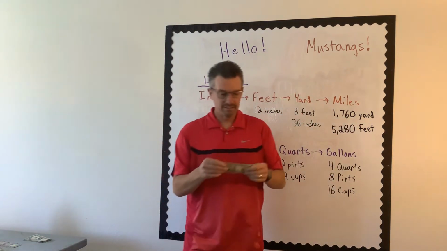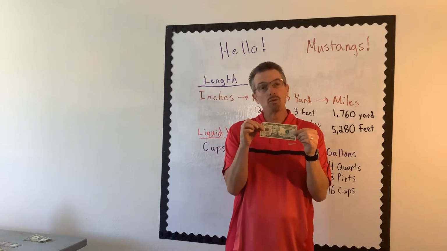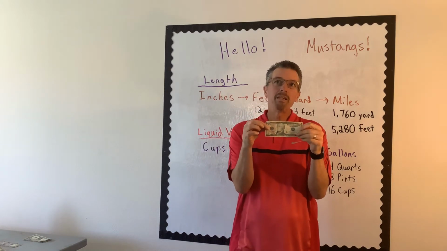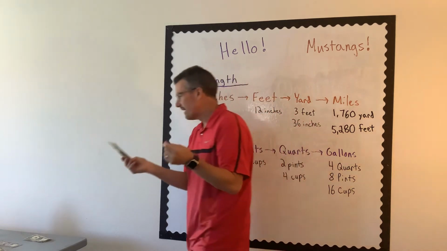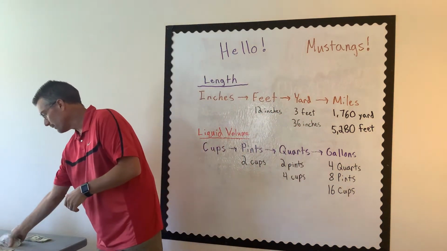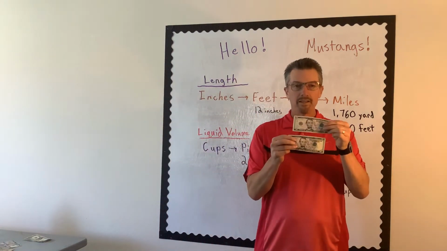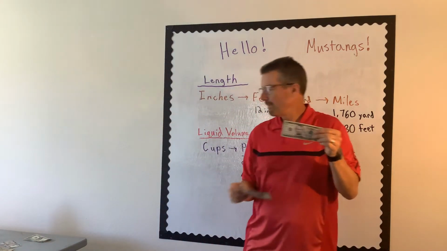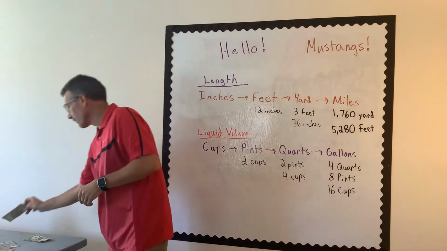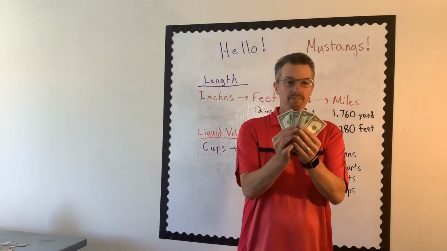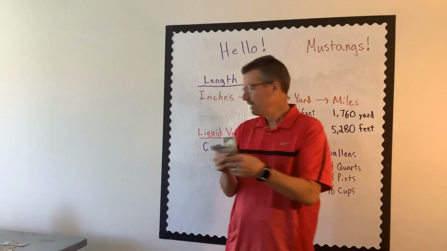Then, if I said, hey, can you convert my $10 bill into maybe $5 bills, all you're doing is converting my $10 bill into two fives, right? And the same thing, you could convert the 5 into ones. You'd have 5 $1 bills.